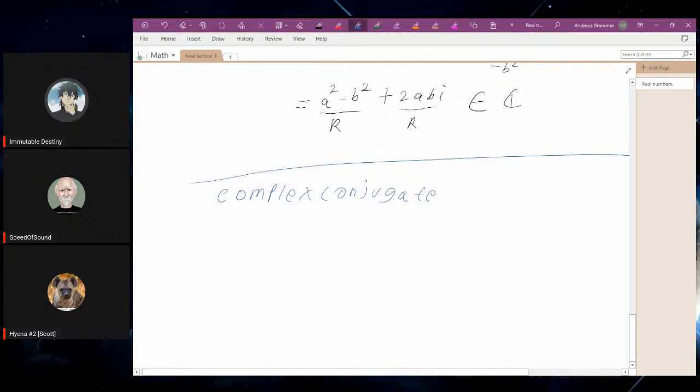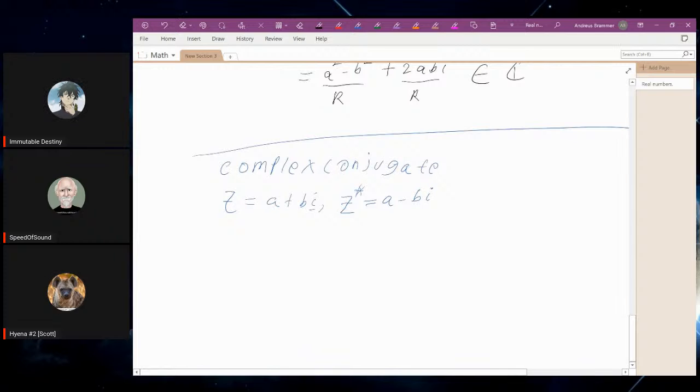So if I have a number z, which is equal to a plus bi, then the complex conjugate of z, which I'll call z star, is a minus bi. And so what the complex conjugate is doing is this i right here gets replaced by negative i. And that's all that happens. The i on the right, the bi. Precisely. So this i over here.